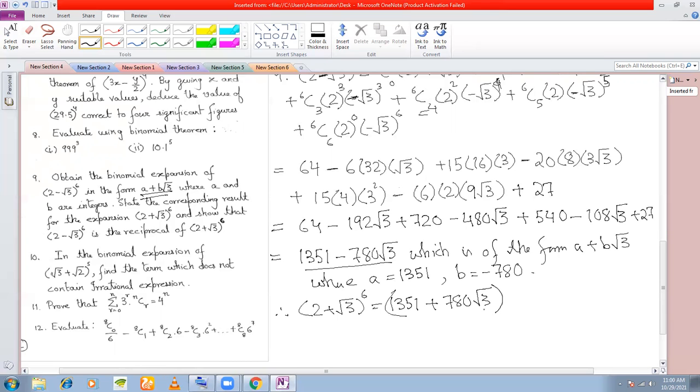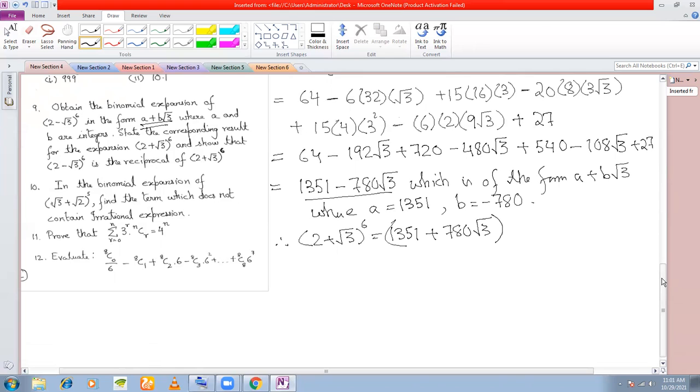Okay, there's another part, and hence show that 2 minus root 3 to the power of 6 is the reciprocal of 2 plus root 3 to the power of 6. So how do you show that these two are reciprocal of each other? If we can show that their product is 1, if we can show that 2 plus root 3 to the power of 6 into 2 minus root 3 to the power of 6, if you can show that their product is 1, then can we say that they are reciprocal of each other?